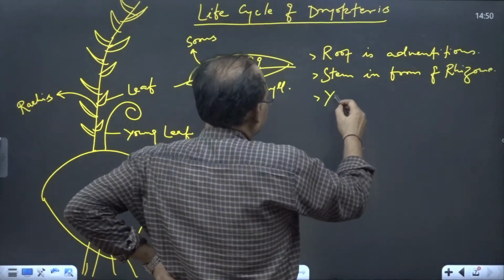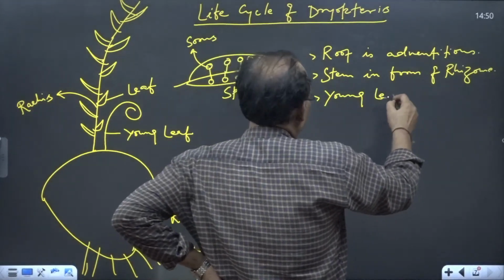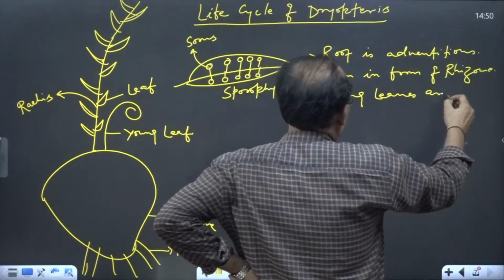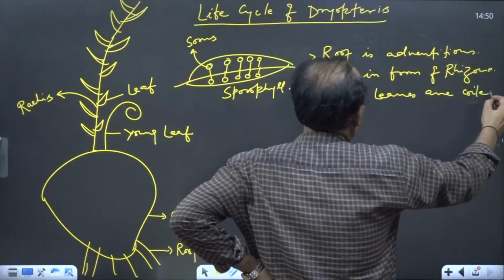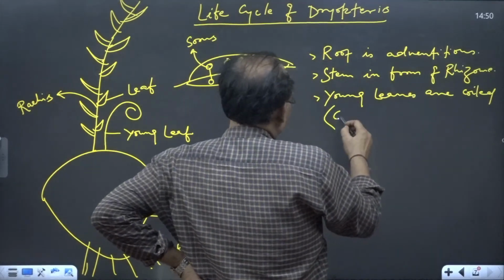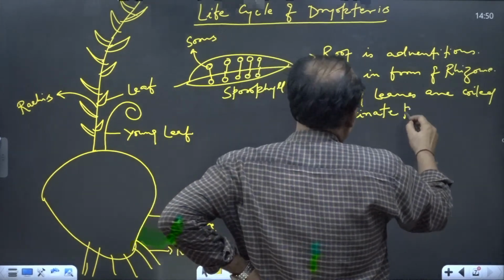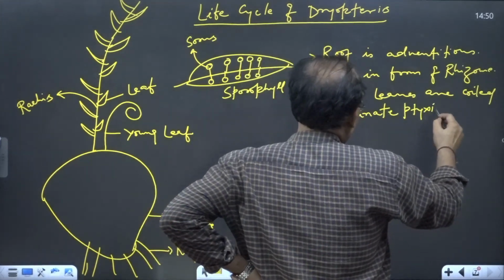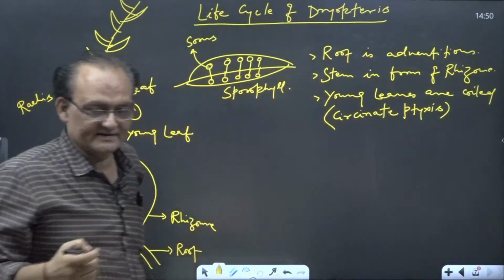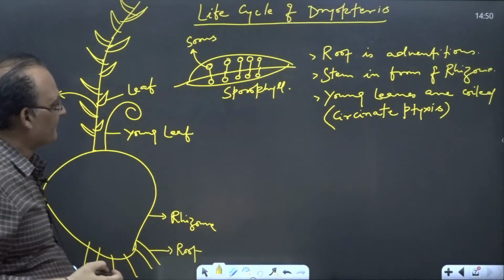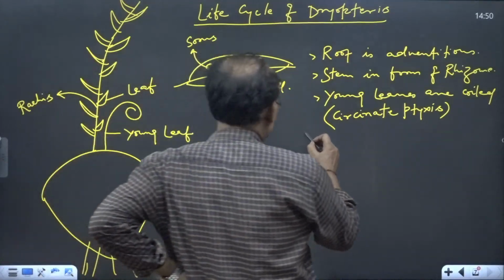Young leaves are coiled, and this is called circinate ptyxis. Like a watch spring, it is coiled, right? Leaves are present on the rachis.